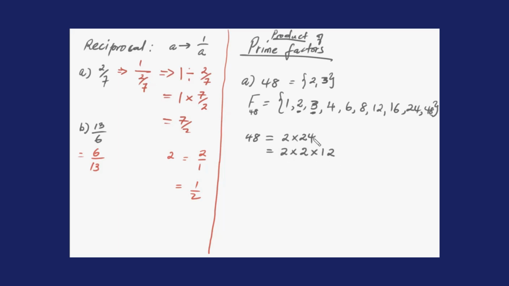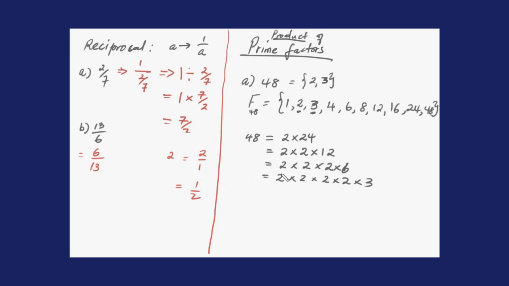Are we aware? 24 is 2 times 12. I'm just trying to get out the 2 there. Which is 2 times 2 times 2 times 2 times 3, that is 6. So that is it. This is the product of the prime factors of 48.